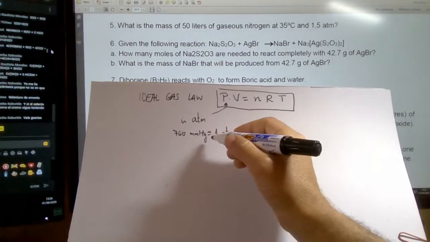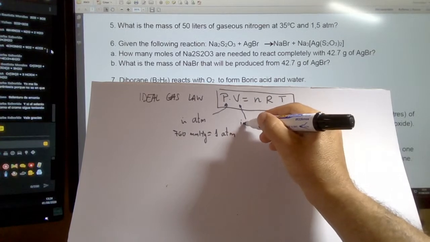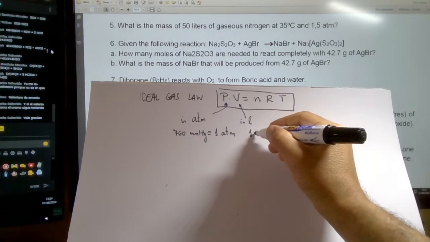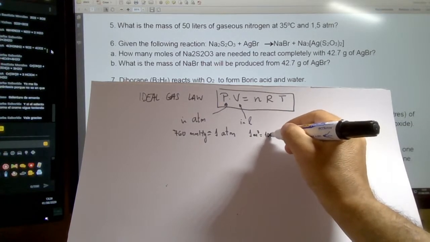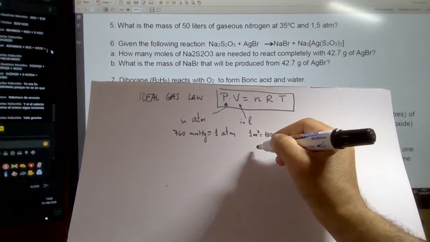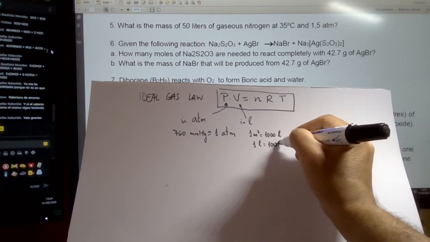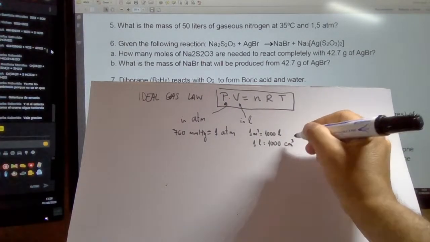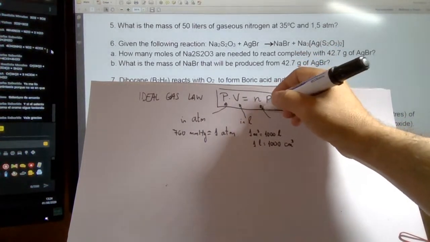Sometimes we need to convert volume in liters. And remember, 1 cubic meter equals 1000 liters, and 1 liter equals 1000 cubic centimeters. Okay, this is the number of moles.